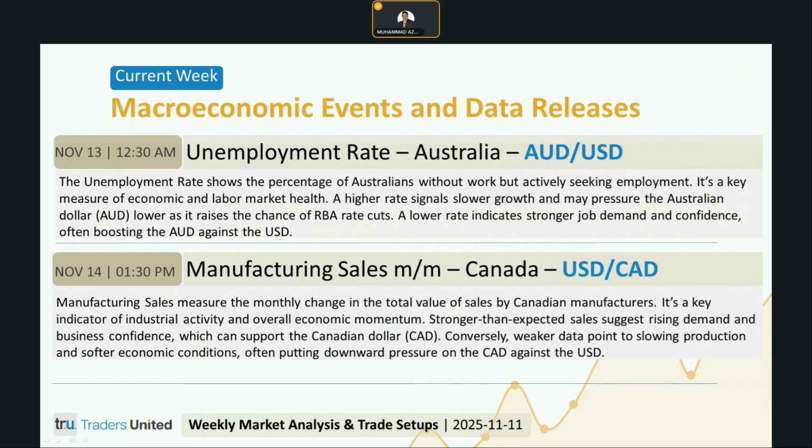A higher unemployment rate signals slower growth and may put downward pressure on the Australian dollar as it increases the likelihood of future Reserve Bank of Australia rate cut.